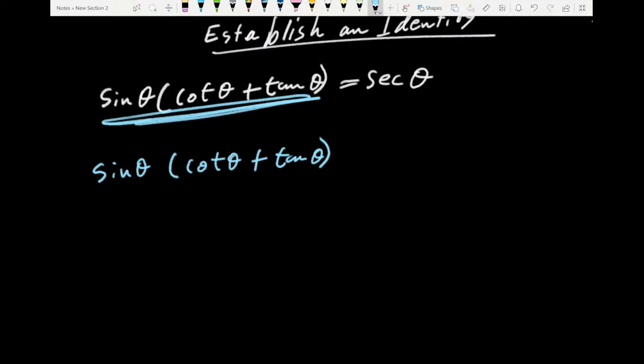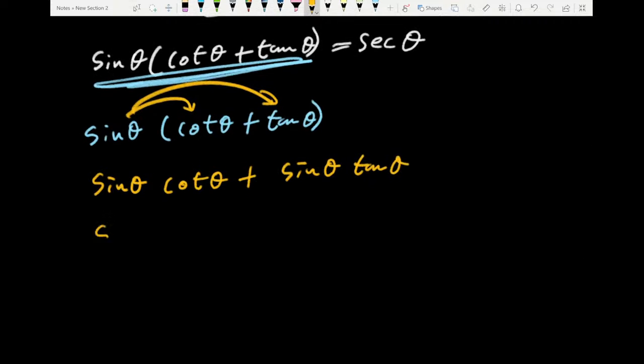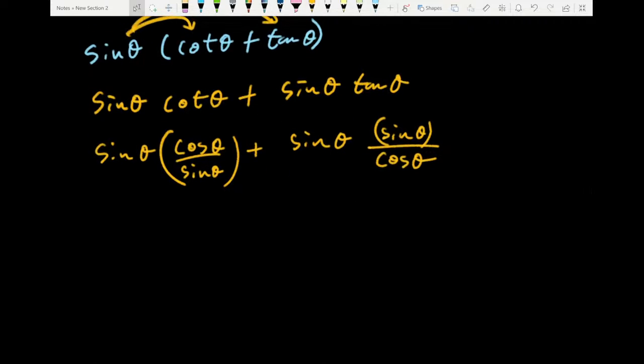So let's look at it. I'm going to distribute this right over here: sine of theta cotangent of theta plus sine of theta tangent of theta. Let's simplify this a little bit more. Cotangent is cosine of theta over sine of theta. Tangent would be sine of theta over cosine of theta. This kind of simplifies.